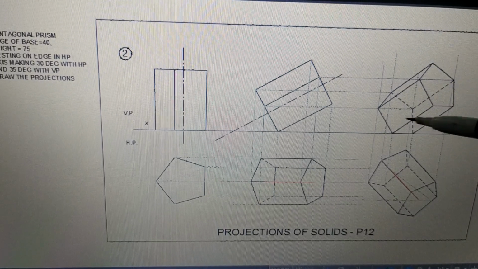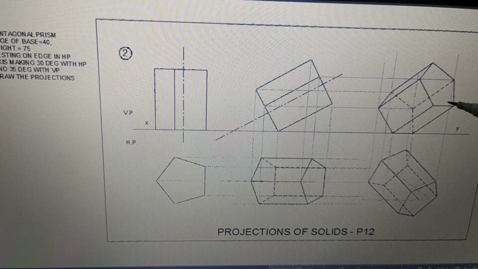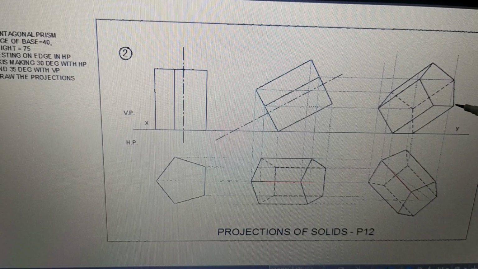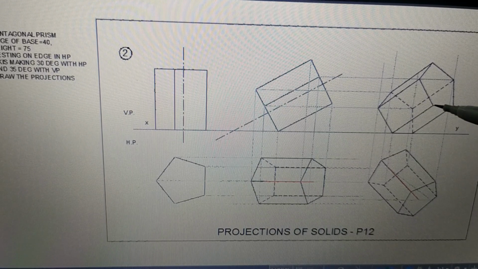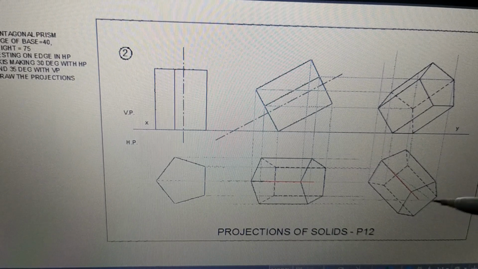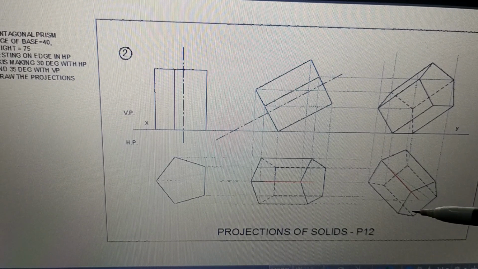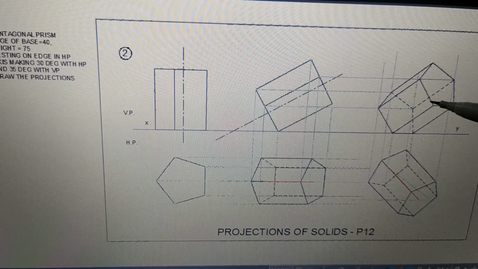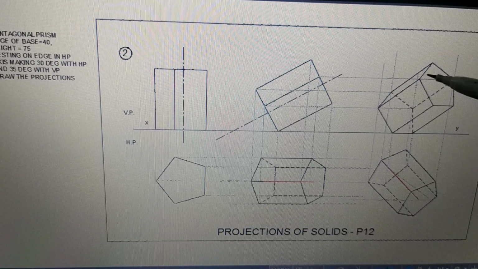Now about the remaining lines, let us think of each line one by one. Let us think of how to draw 1, 2, whether it is seen or not. Where is 1, 2 here? This is 1, 2. You are looking in this direction, 1, 2 is not obstructed. So 1, 2 is dark. Now this is 2, 3. 2, 3 is seen, so this is dark.